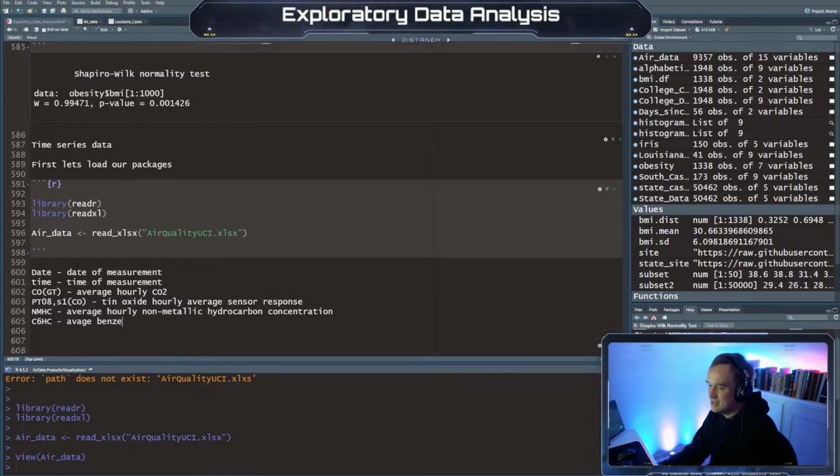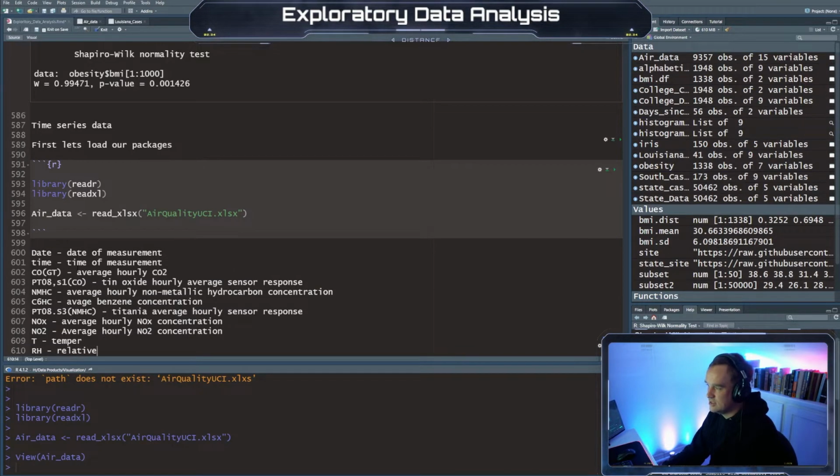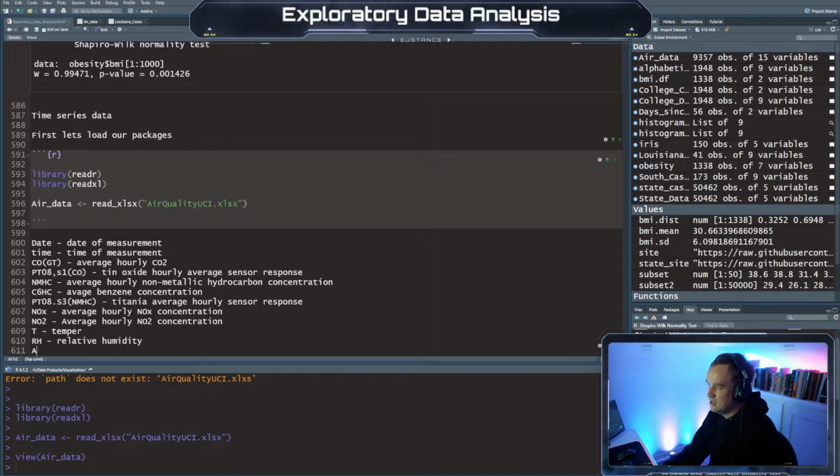We have the hourly benzene concentration, PT08.S2 NMHC, titania average hourly sensor response, NOx average hourly NOx concentration, NO2 average hourly NO2 concentration, T temperature, RH relative humidity, AH absolute humidity. Okay.